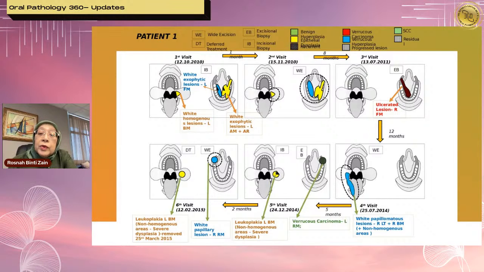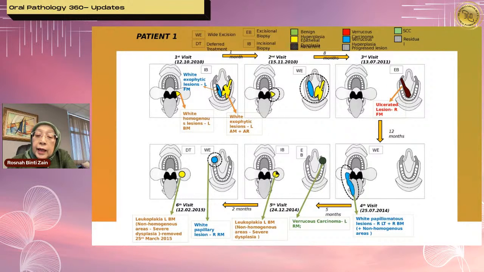And then, as I said earlier, there is a new lesion, which is ulcerated. Then 12 months later, there is this white papillomatous lesion, which is verrucous hyperplasia.